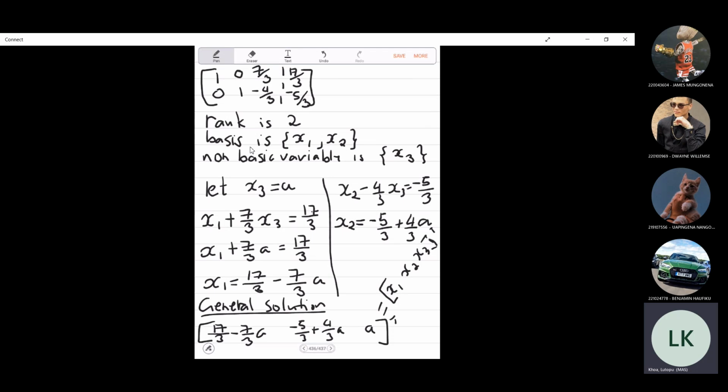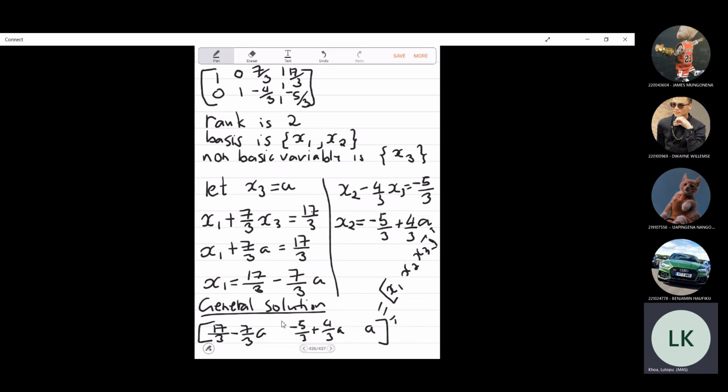The rank of the matrix, you just count the unit column matrices, the basis, the variables that gave you the unit column matrices, those are your bases. Non-basic variables are just the variables that are not included in your bases.